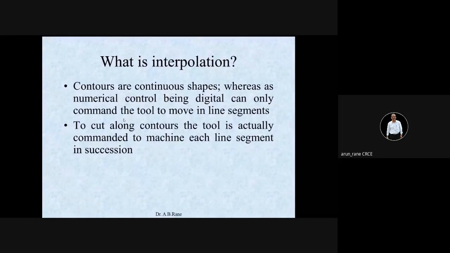The machine we have in our institution is not a fixed bed, because there the bed moves in X direction and Y direction, and the tool moves in the Z direction, that is the vertical direction.